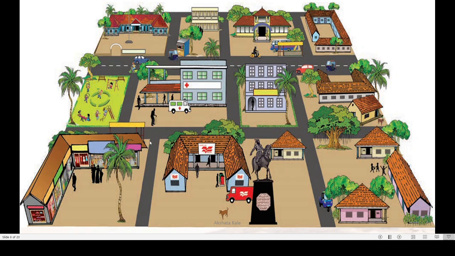Okay, this is on your textbook page number 87. If you want to refer that, you can also open that page number and you go through that picture. Okay, now first question is find Anju's house. Yes, this is Anju's house. I will circle this. This is Anju's house.